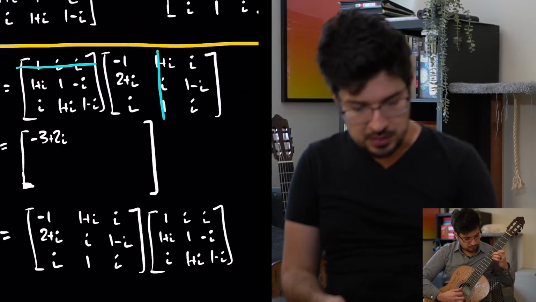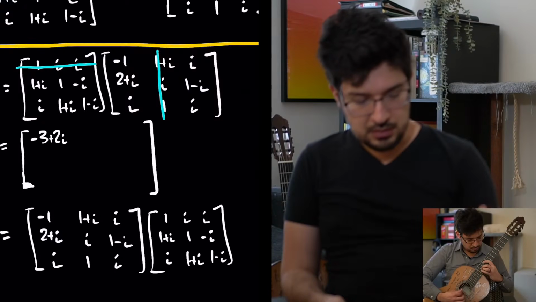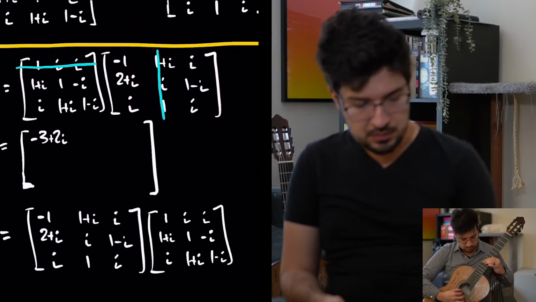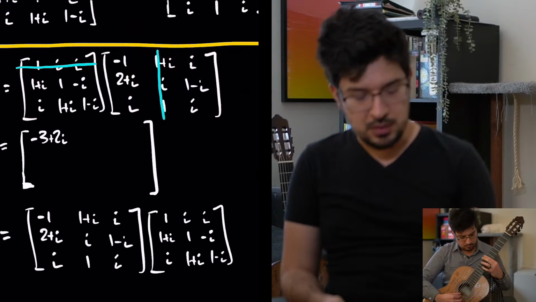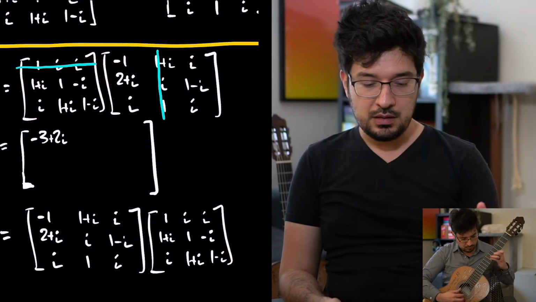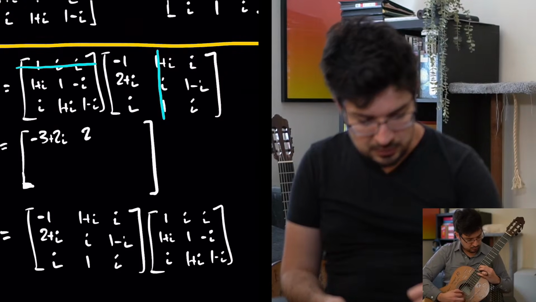Alright, so 1 plus i, 2i. Yeah, minus 1 plus i, and i plus 1 is 2i. Okay, so I got that.